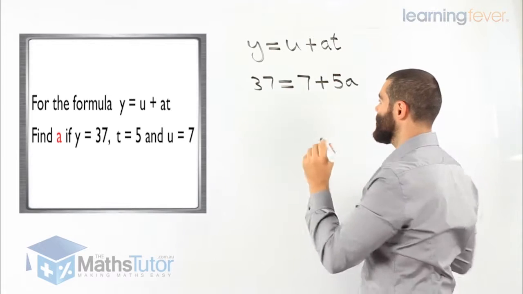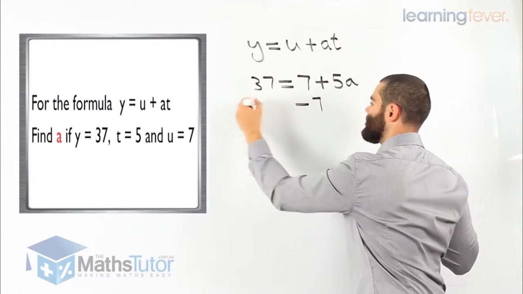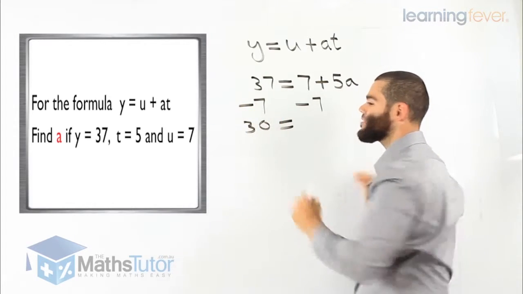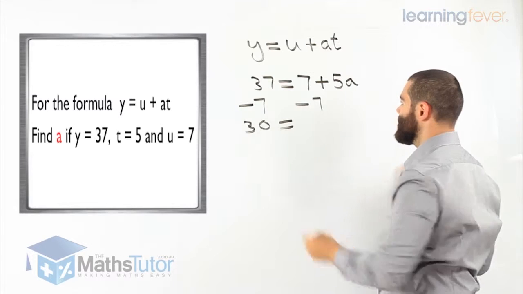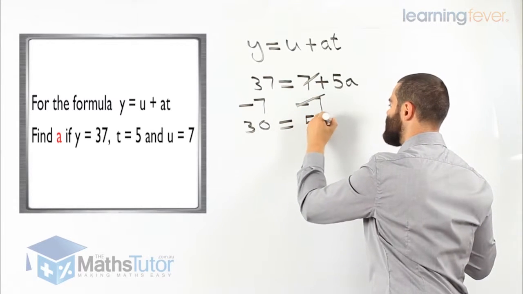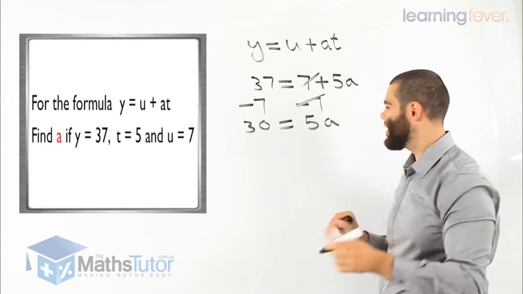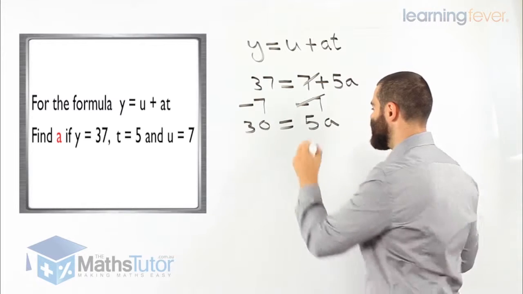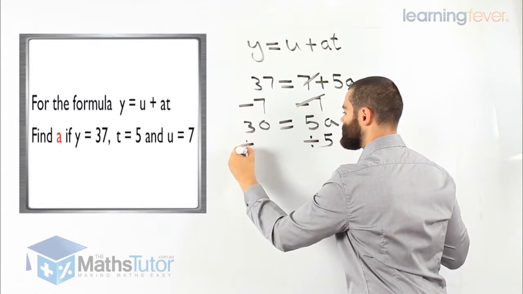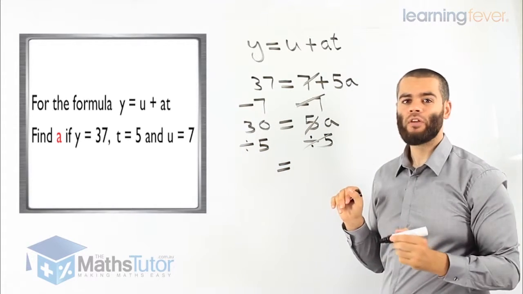Let's solve it. We know we want to solve it by taking away 7 first. 30, because 37 take away 7 is 30. 7 minus 7 is gone. We're left with 5a. 5a equals 30. Now what? Well, 5 times a, we know the opposite is divide. 5 divided by 5, left with 1.